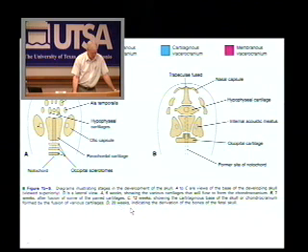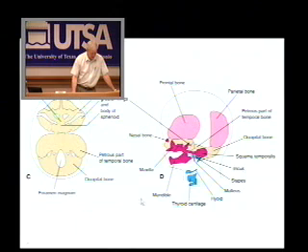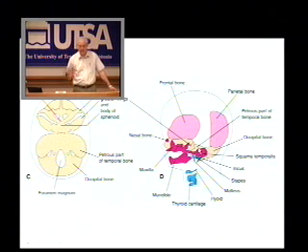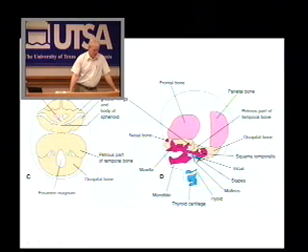So at about 20 weeks, we see most of the fetal skull shown here. The frontal bone is pretty well established, parietal bone, occipital bone, the petrous part, the thick rock-like part of the temporal bone that encases the nerves, the 7th and 8th cranial nerves, as well as the inner and middle ear cavities.